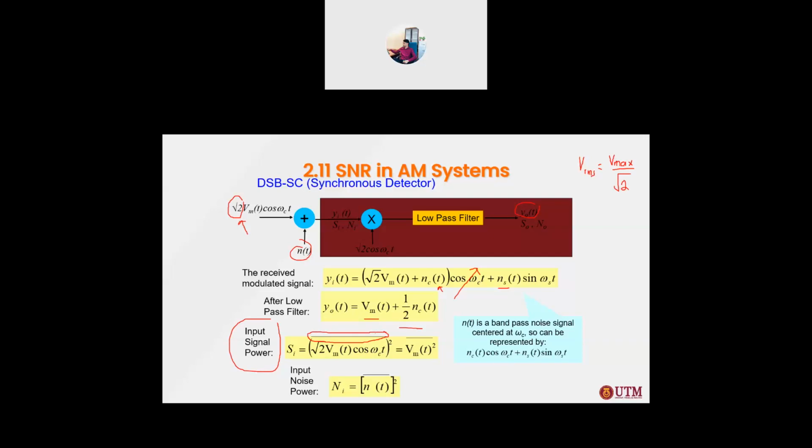Don't forget there is a square here, and then Vm(t) squared. So input signal power, the one that we receive. Then we have input noise power, which is Ni.